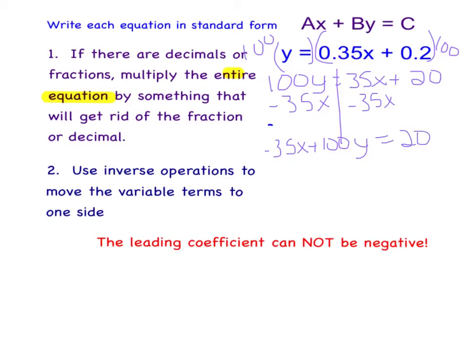And your last checkpoint, is the leading coefficient negative? Unfortunately it is, so we have to change all of the signs. So the negatives become positives and the positives become negatives. We could actually simplify this further because each is divisible by 5, but I'm going to leave it like that for now.